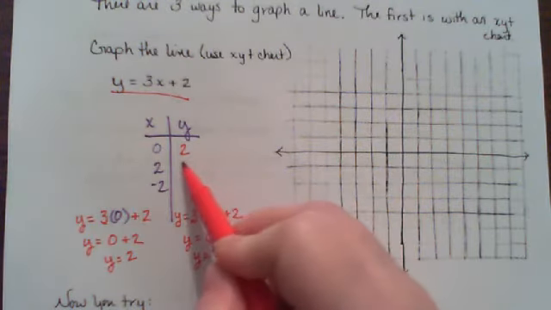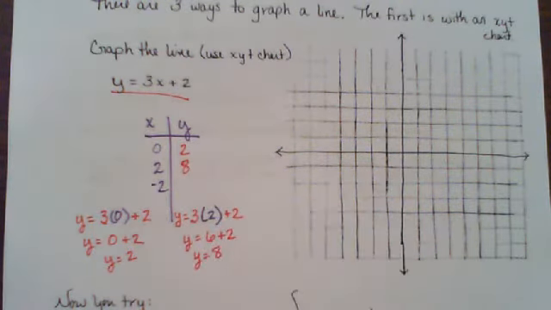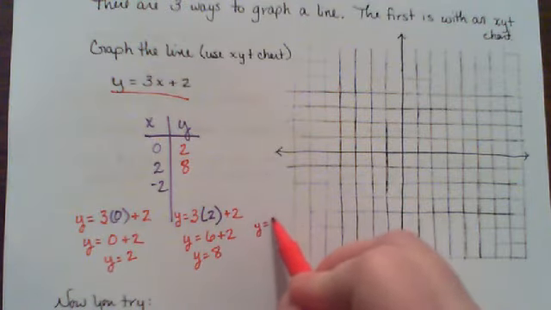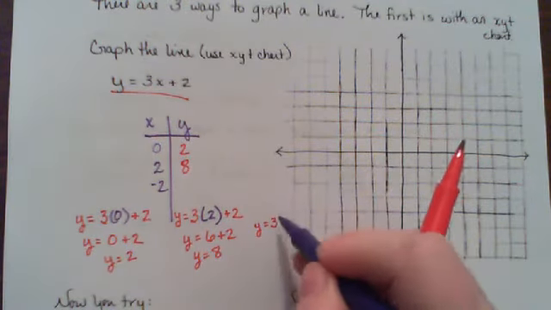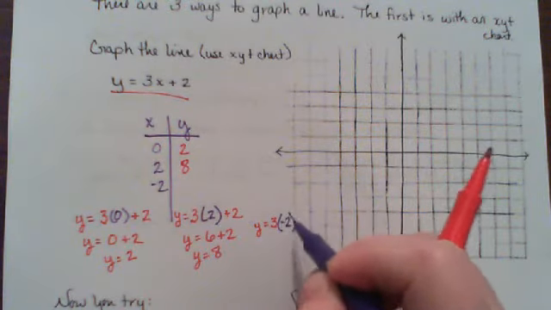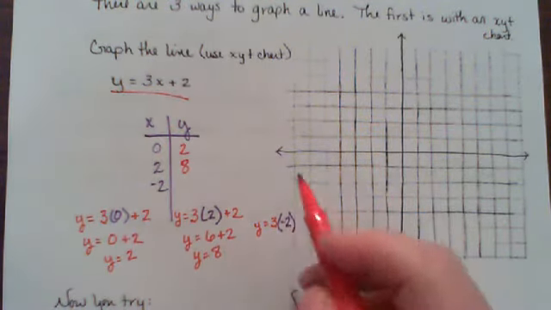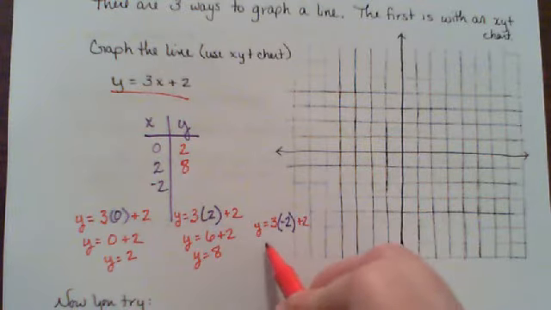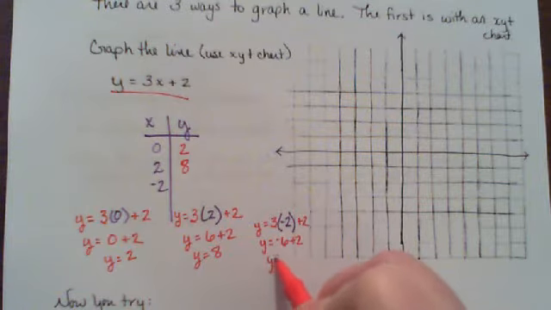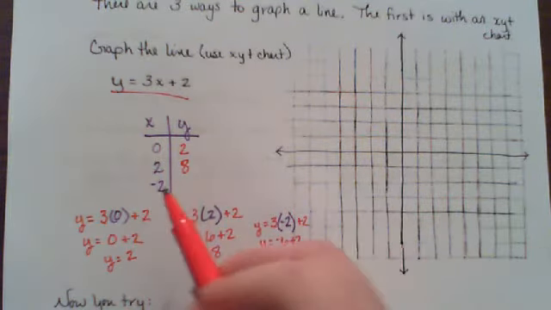See, we're already getting bigger numbers just with 2. And then for the next one, I have y is equal to 3 times, in this case it's -2, plus 2. So that means y equals -6 plus 2, so y equals -4.